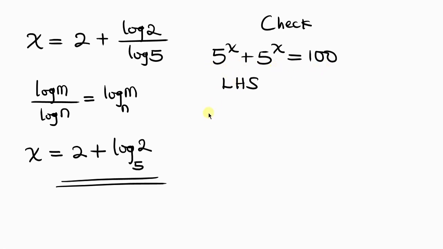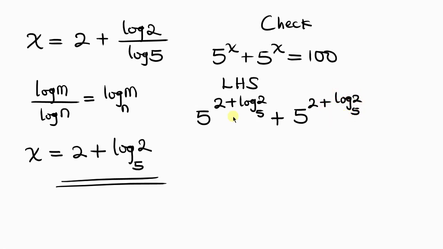So for the left-hand side, this is 5 to the x. The value of x we got is 2 plus log 2 base 5, plus, this is 5 to the x. So 5 to the x, x is 2 plus log 2 base 5.